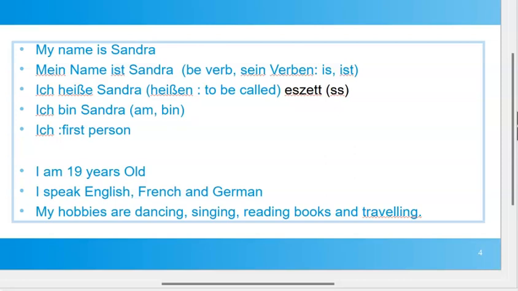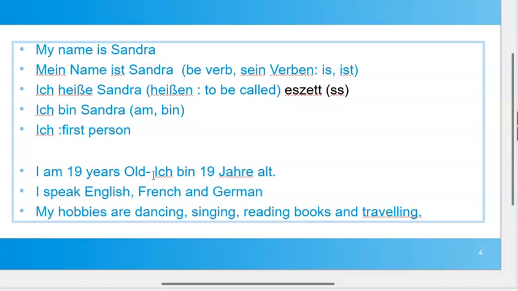The next thing we have to say is I am. Suppose I want to tell about my age, I am 19 years old. I've just written this here. So we can just say ich bin 19 Jahre alt. Now I haven't included this in the slides because we have to learn the numbers to be able to express our age.